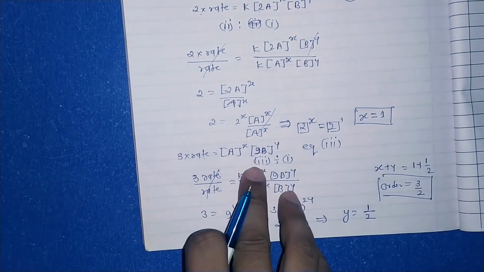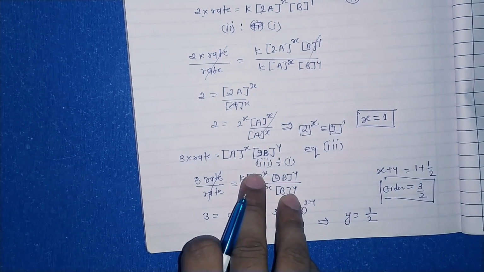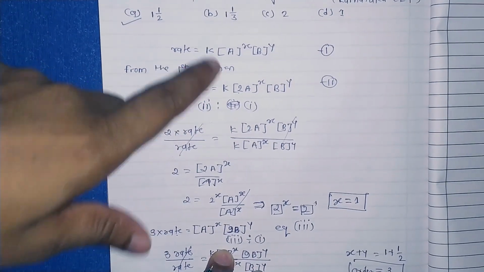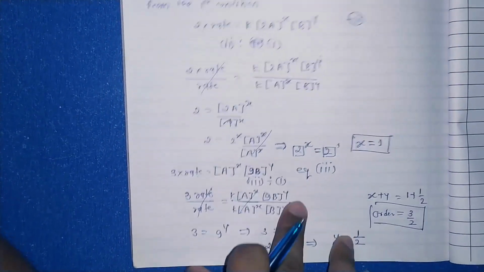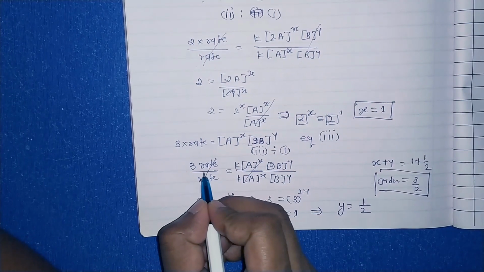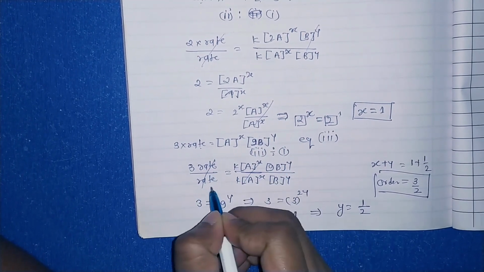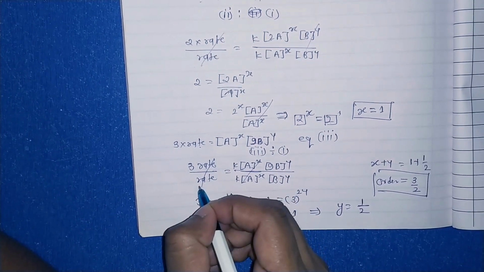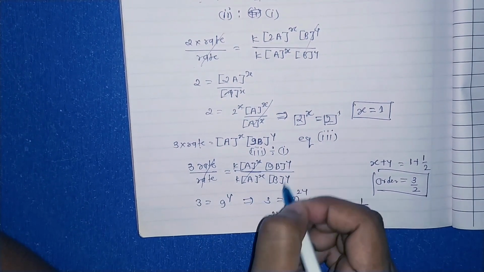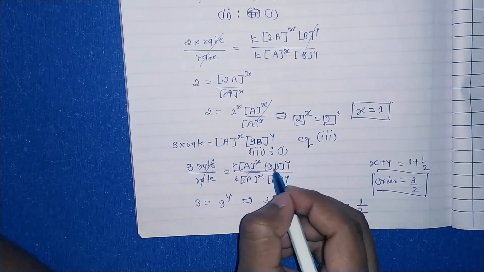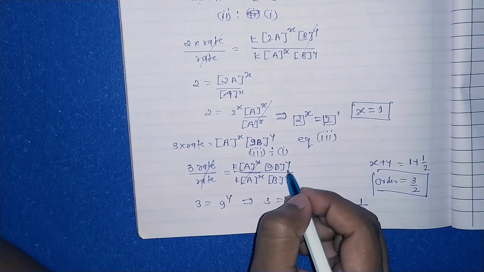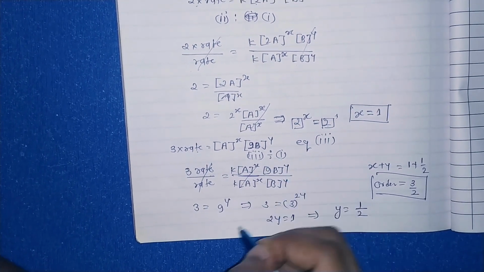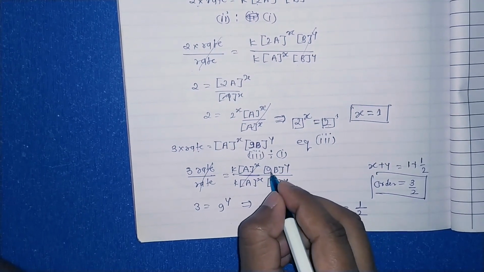Okay students, so similarly if you compare equation 1 and 3, what will you get? Look over here: thrice the rate, K times this, upon rate equals this. So the rate cancels, A to the power X cancels, and here you can write 9 to the power Y, B to the power Y cancels, and we get 9 to the power Y equals 3 to the power 1.